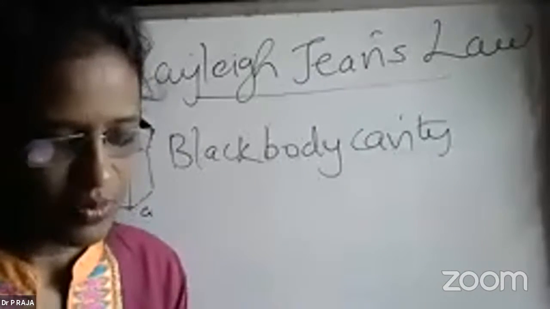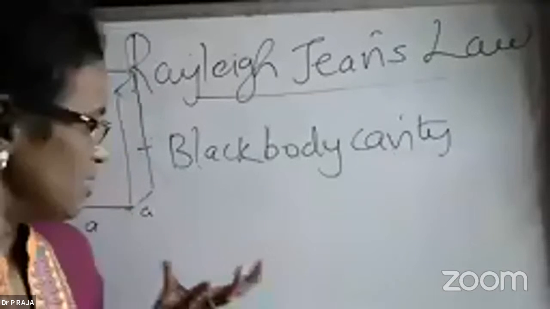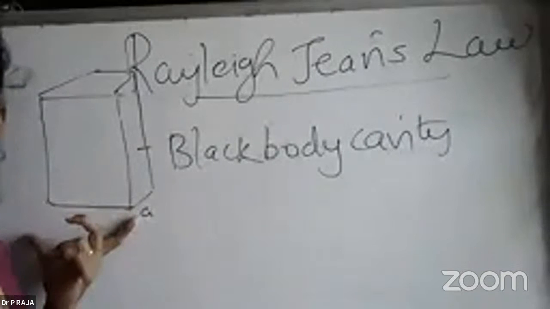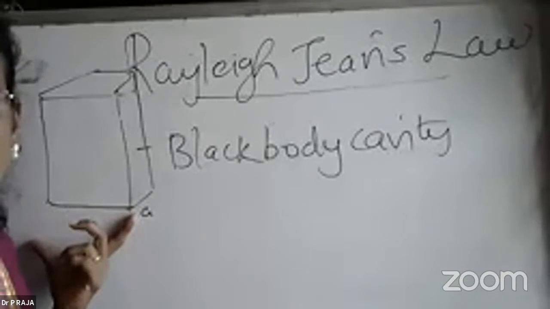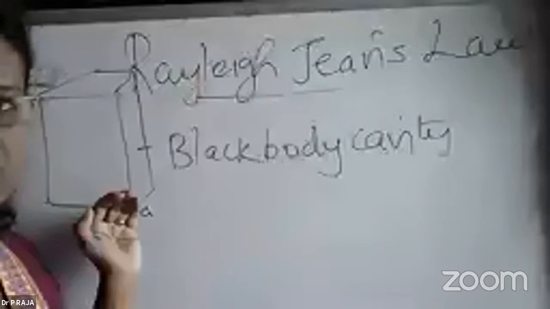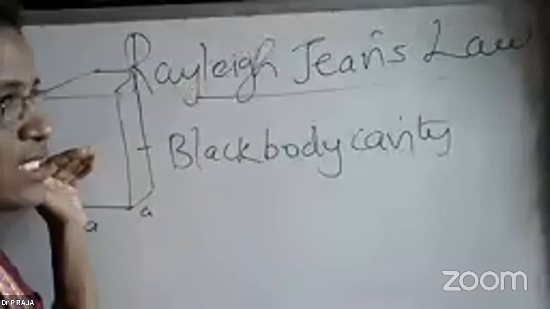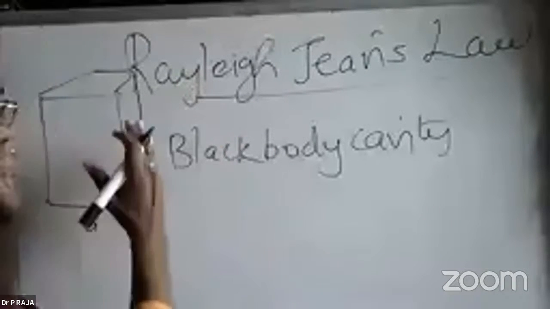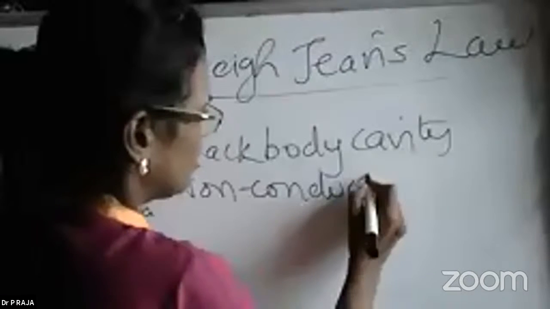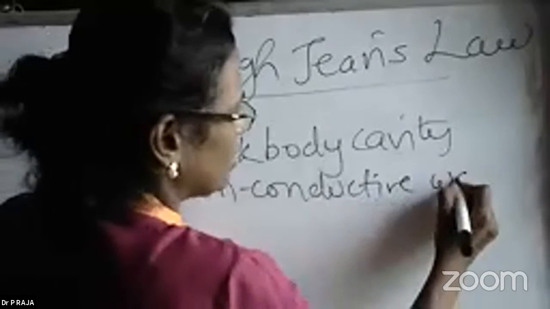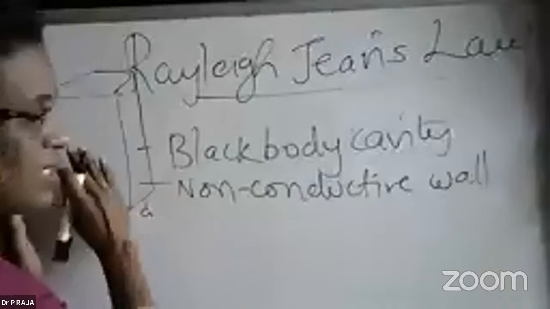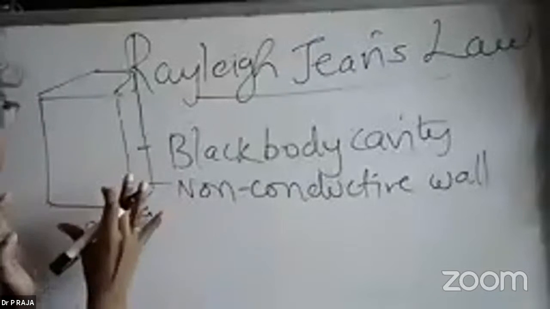And let's assume that the container, or the cavity that we have taken, has non-conductive walls. It means it's not allowing the radiation to penetrate or escape and go out. That means the black body radiations are confined within this black body cavity.